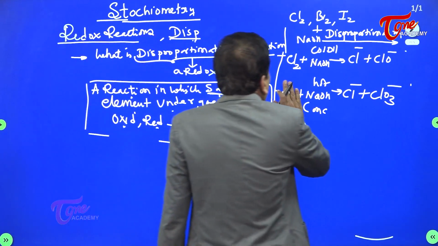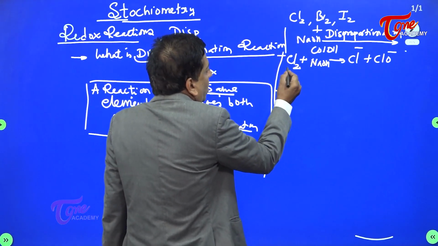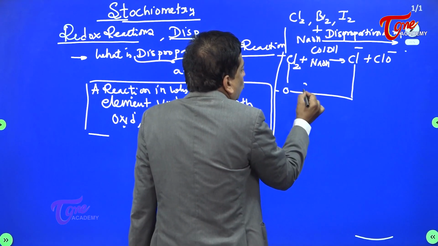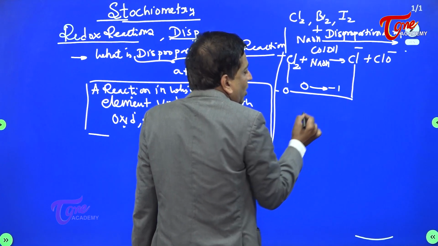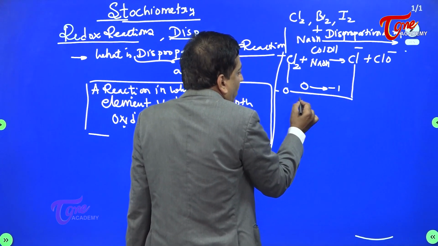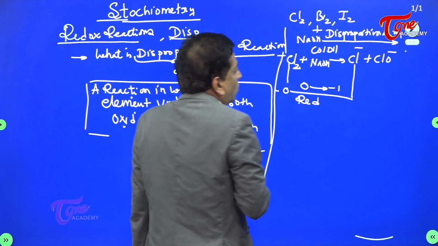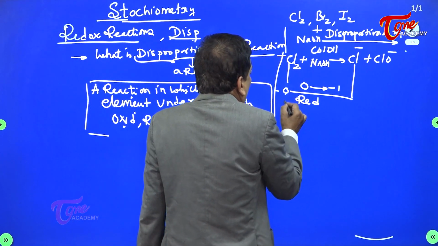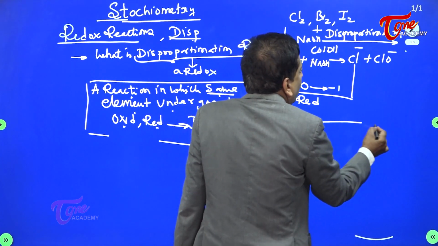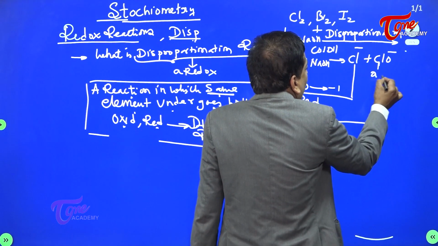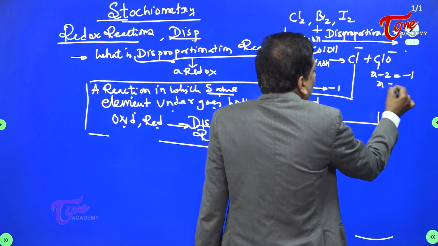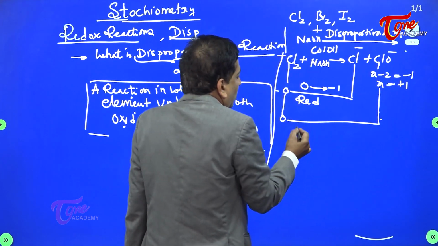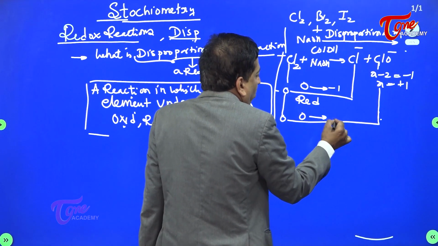And when we calculate the oxidation numbers, 0 is becoming minus 1. 0 to minus 1 means it is reduction. It is reduced. And the same 0 is again giving you x minus 2 is minus 1, so x equal to plus 1. So the same 0 is giving you plus 1.